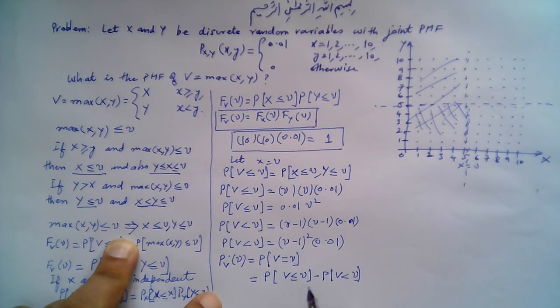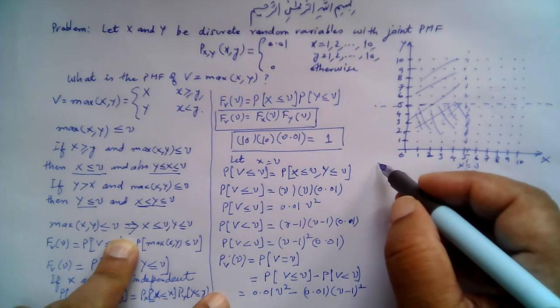We have already calculated both these values. So P(V less than or equal to v) is given by 0.01 v square, minus this value here, 0.01 times (v minus 1) square, right?